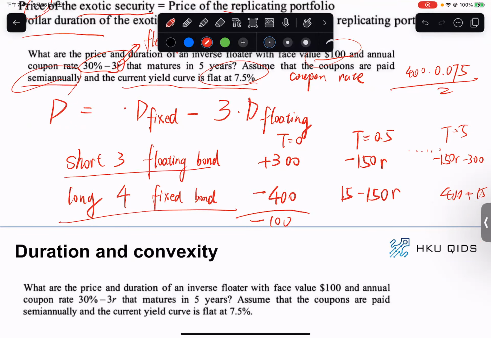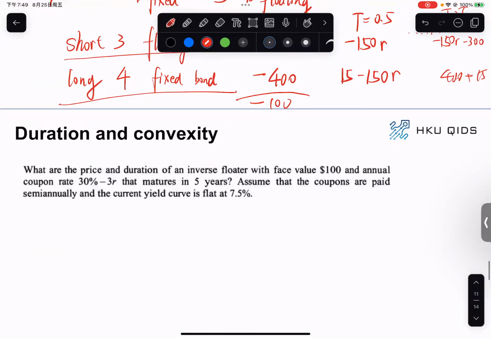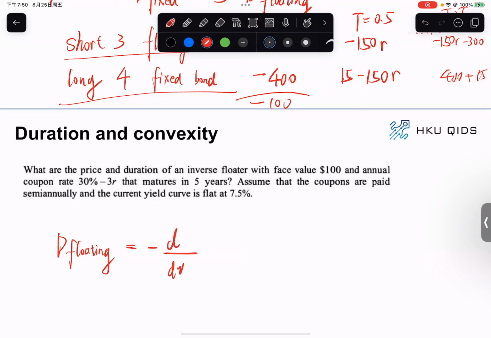Okay. So for this floating item, this is going to be negative dP/dy. And what is dP? The dP is just the face value, since the yield curve is flat.